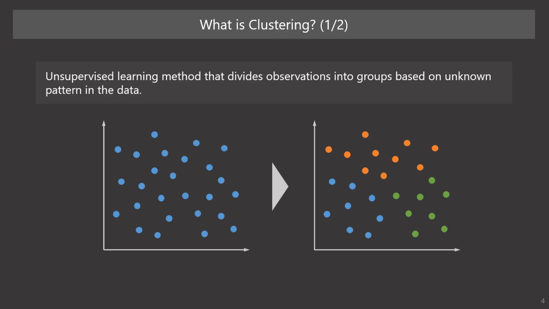When we analyze data, grouping observations into some similar groups is sometimes more efficient than treating all observations as unique entities. But sometimes we do not know how to divide data. In such a case, clustering is a useful way to find how to group our data.